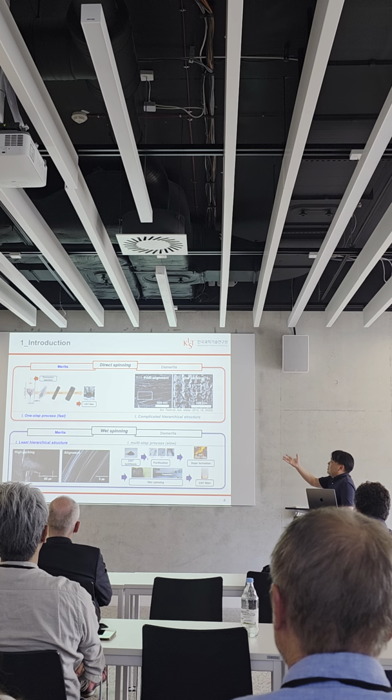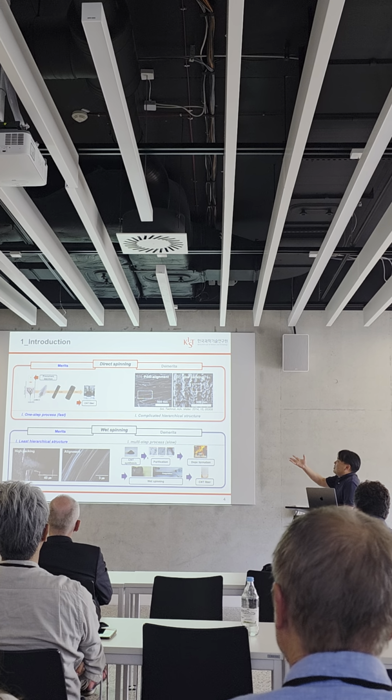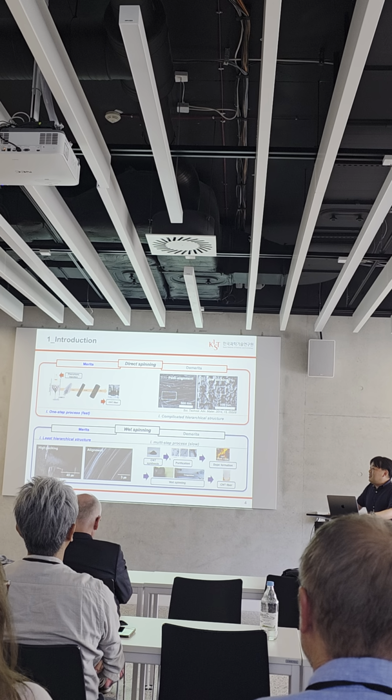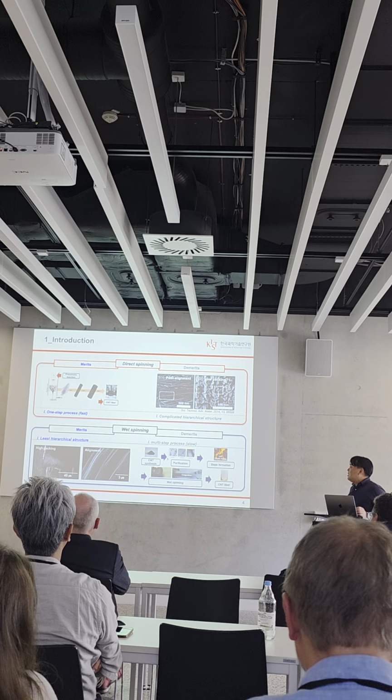But it's very quickly densified, so the demerit of direct spinning is very poor alignment and poor structure. So the properties of the CNT fiber are not so good.